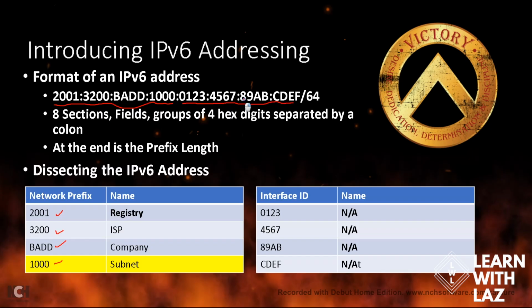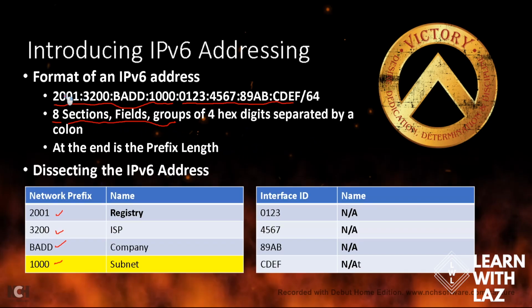This is 1, 2, 3, 4 sections. That's why you see here 8 sections, or fields or groups, whatever you want to call it, of 4 hex digits separated by a colon. So that's what gives you that 128-bit address.